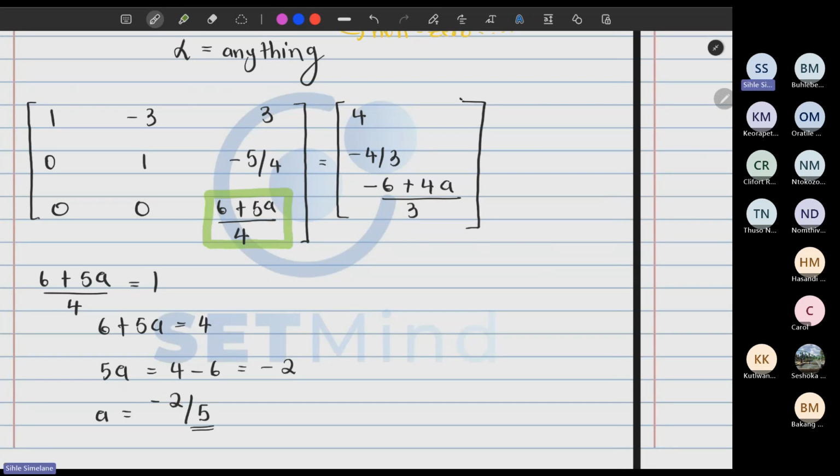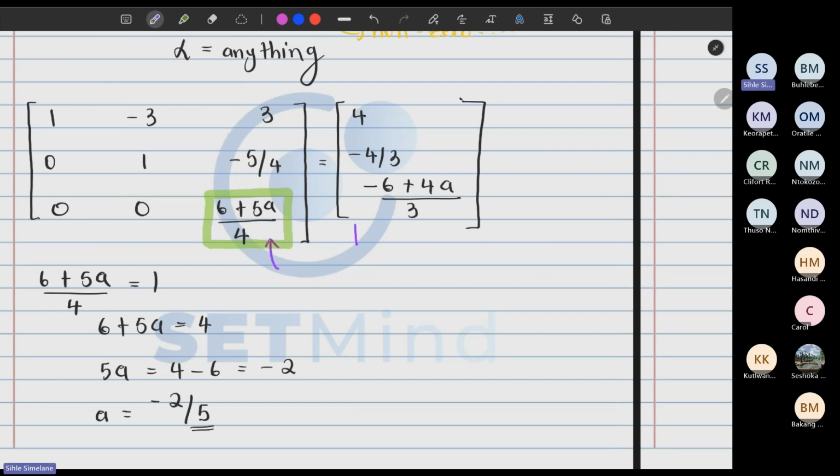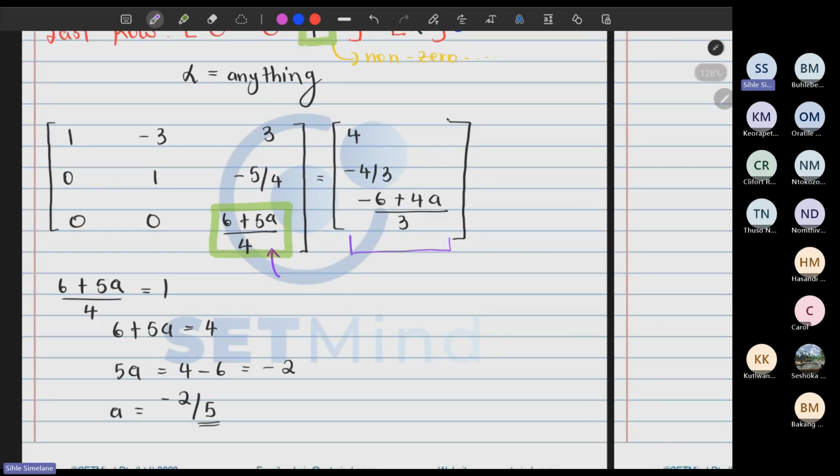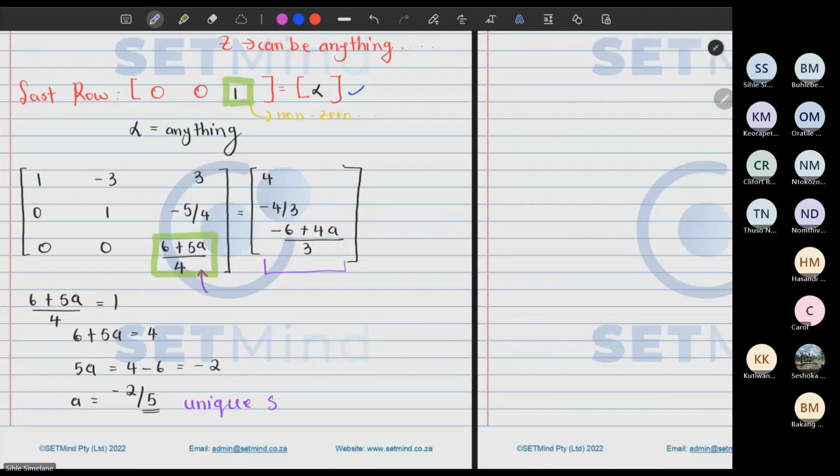So when our a is negative 2 over 5, we'll get a 1 here. And as long as we have a 1, whatever is going on the other side does not matter. It can be anything. We all understand what we are doing here. And this would be the unique solution case.